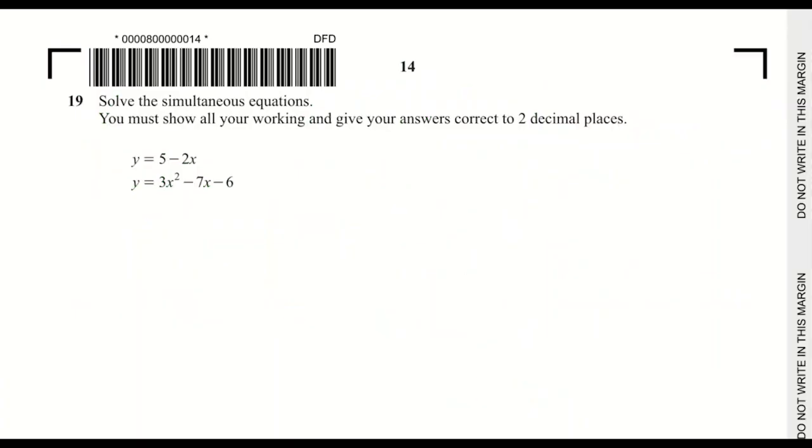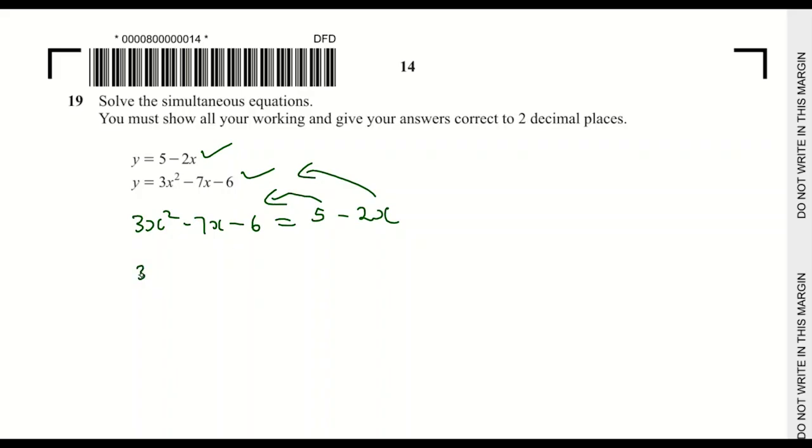Question 19, solve the simultaneous equations. So this is y, so we can equate them. We have 3x squared minus 7x minus 6 equals 5 minus 2x. Then we can bring everything to the left hand side. This one comes here, then this one comes here.